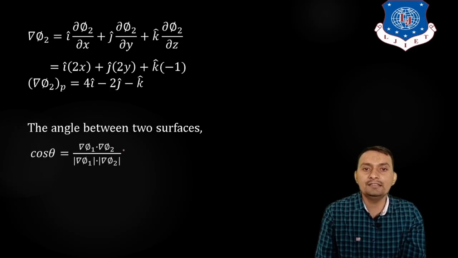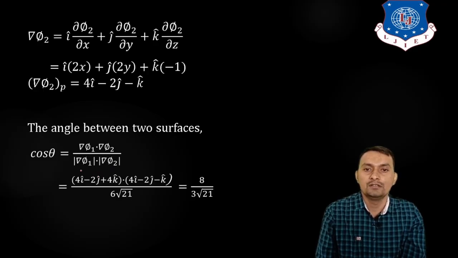The angle between these two surfaces, cos theta, is equal to grad phi1 dot grad phi2 divided by mod of grad phi1 into mod of grad phi2.